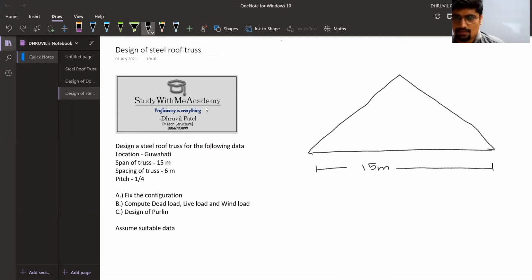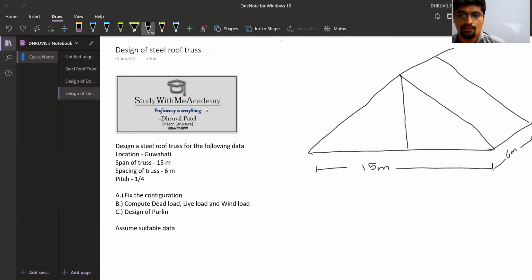The spacing will go like that on the back side, between two intermediate trusses. The spacing will be 6 meter. The central rise is not given, but it will come here.